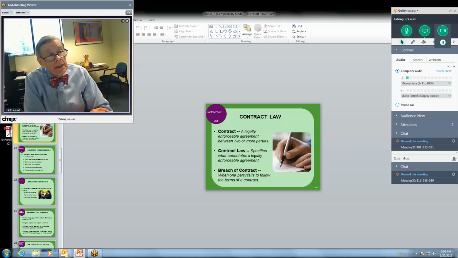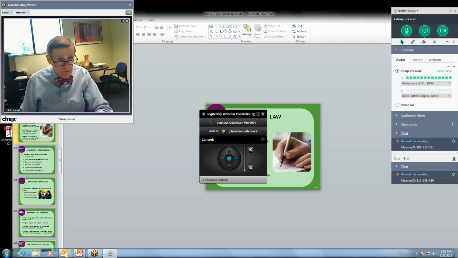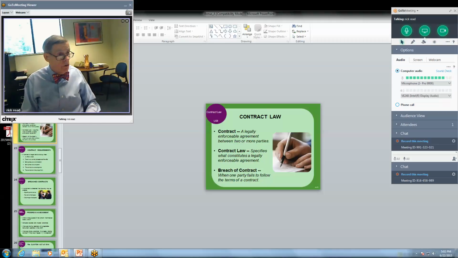And then we get to what's known as a breach of contract, and that is when one party fails to uphold his or her side of the agreement, the terms of the contract, is what it says here specifically. But once you enter into an agreement, it can become a contract.